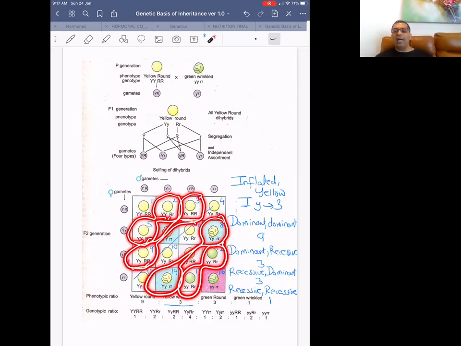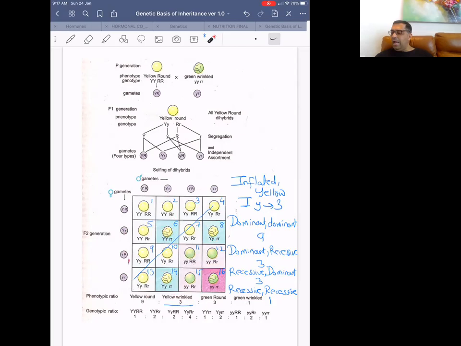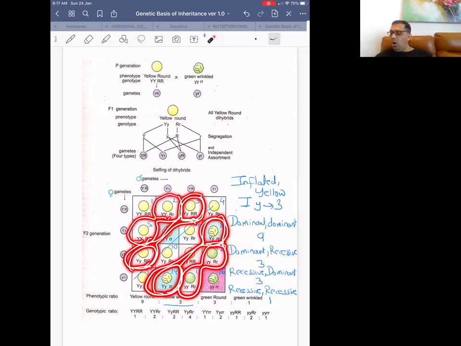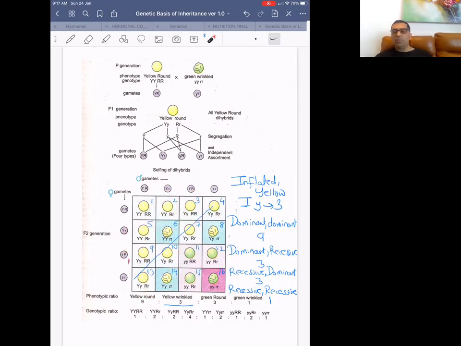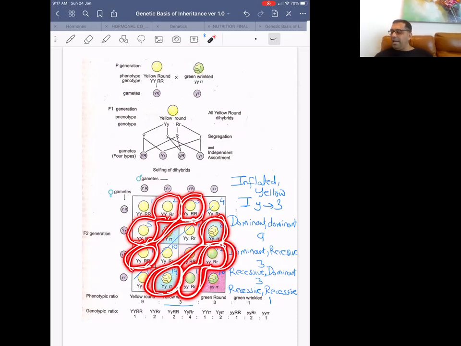Y is heterozygous, but R is homozygous. फिर 8th और 14th में Y is heterozygous, small r is homozygous. And 12th और 15th में small y is homozygous, but capital R small r is heterozygous.